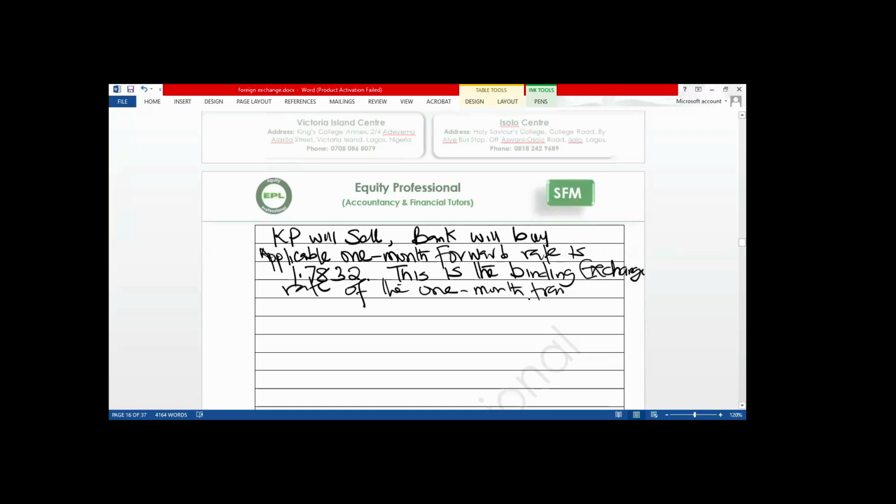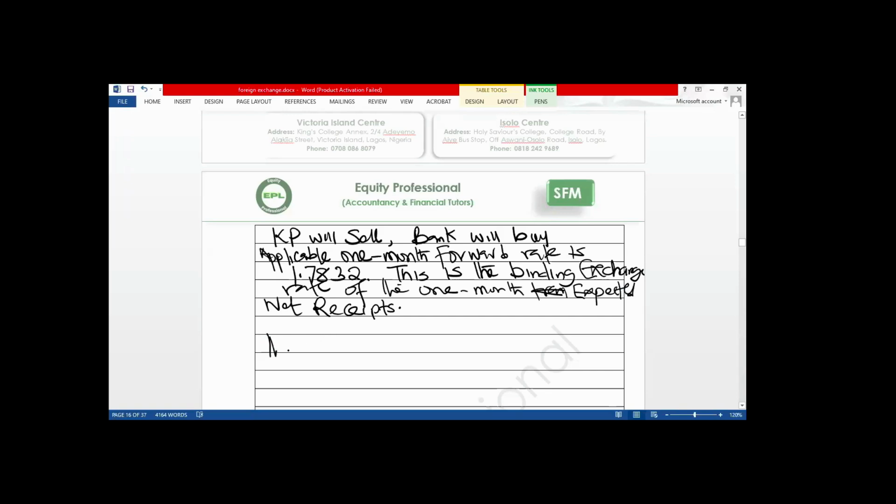This is the binding exchange rate for the 1 month expected net receipts. So we now need to convert the $2 million to Naira.